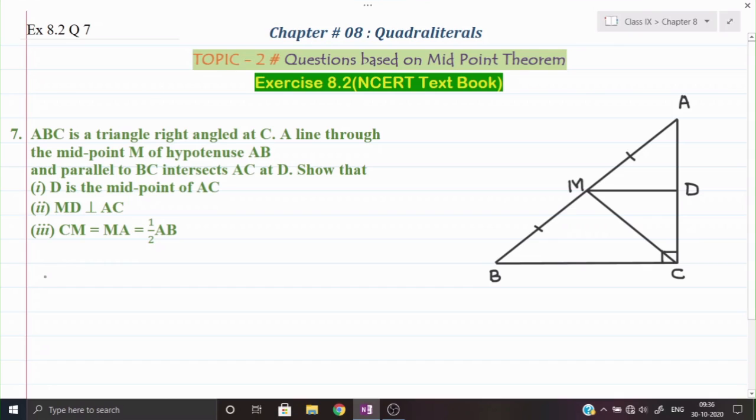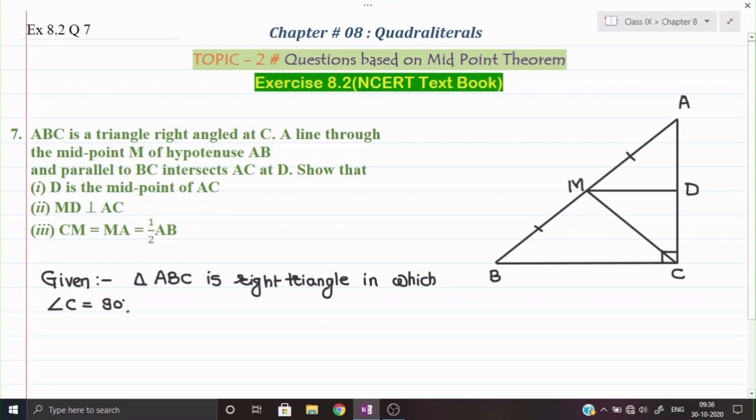First of all, let us start with the given. In the given, first we will mention: triangle ABC is a right triangle in which angle C is equal to 90 degrees, that is one given for us.